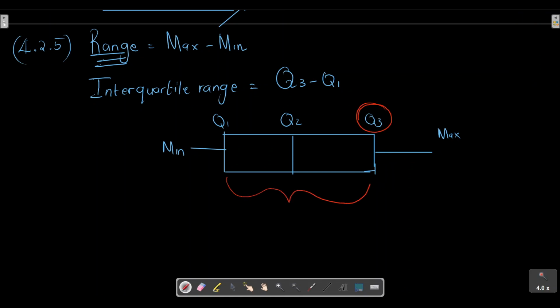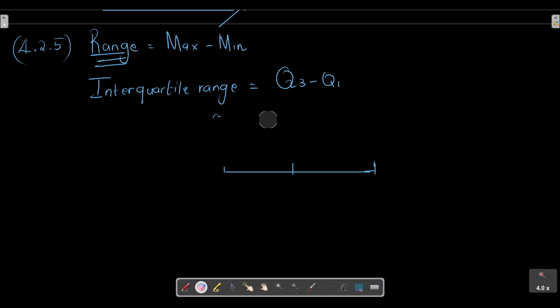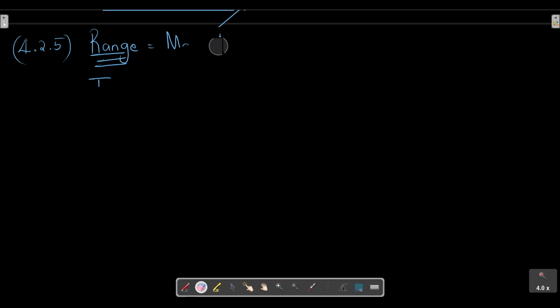You know that your Q3 represents 75% of your data minus your Q1, which represents 25% of your data. So to get the interquartile range, you take your Q3 and you minus your Q1. What is the range that you're looking at in the quartiles? I hope that makes sense.